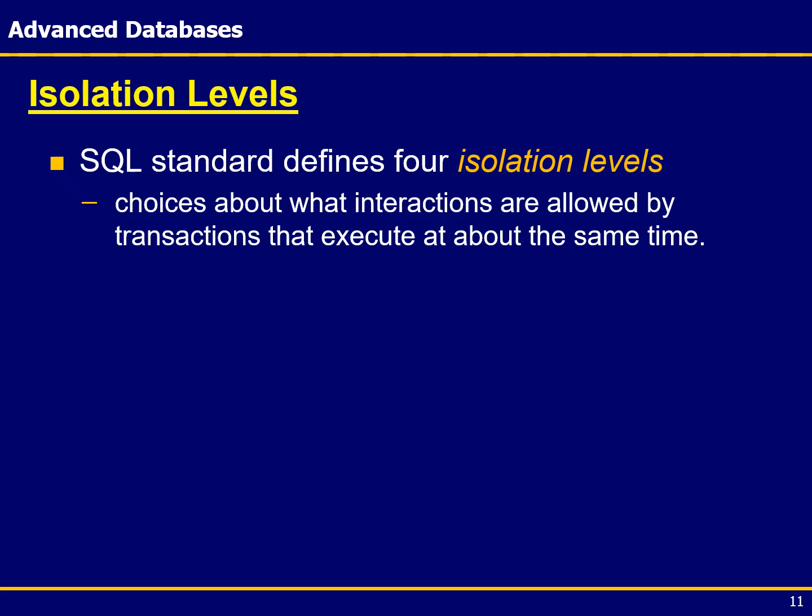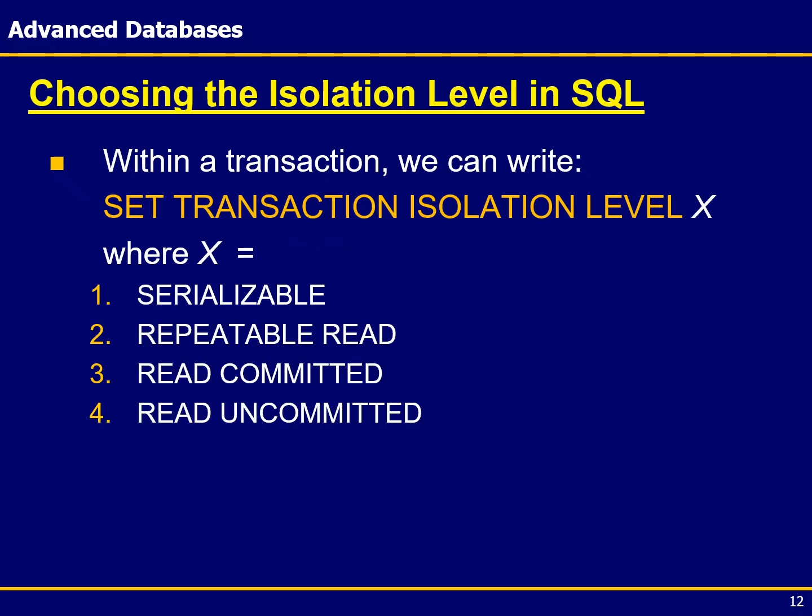So the SQL standard specifies that a database engine should expose to the programmer 4 isolation levels, and consequently give the programmer the flexibility to choose between them, or specify a specific isolation level for every transaction he creates. And these are the isolation levels. Unsurprisingly: serializable, that we have talked about, repeatable read, read committed, and read uncommitted.